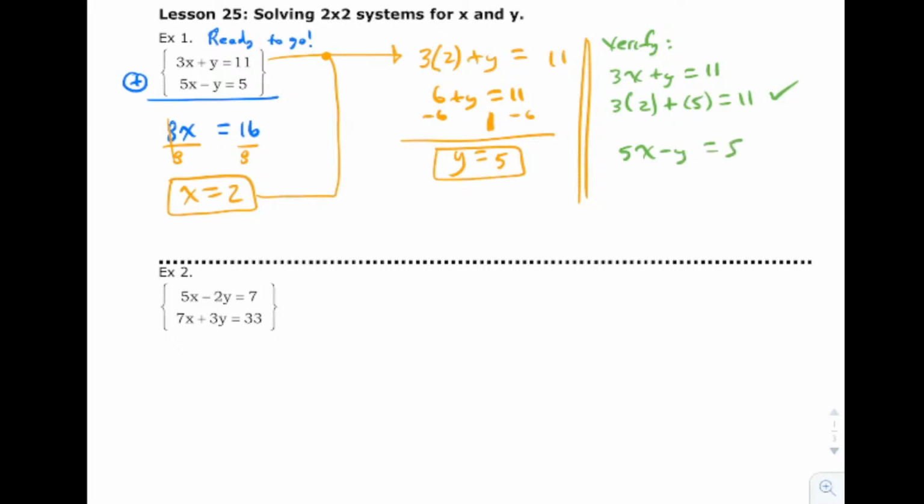Does it work here too? We're saying x is equal to 2, minus y is 5. Does this equal 5? And it does, because that's 5 times 2 is 10. 10, take away 5, it is indeed a 5. It worked! So the 2 and the 5 are the two values that solve both of these equations.